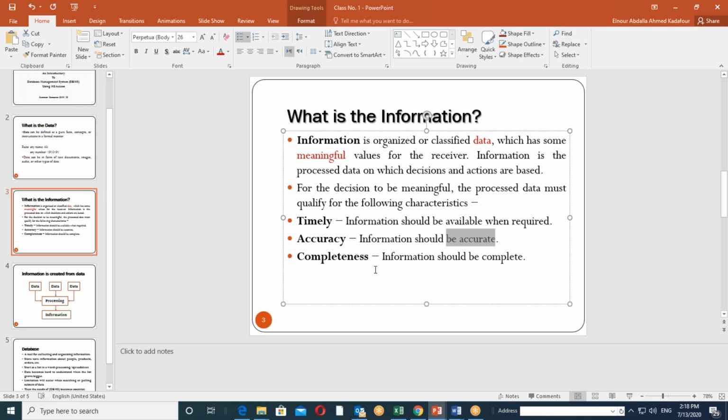So in short, information is organized and classified data, which has some meaningful value. It gives me a full picture, it has value, it has meaning, and I can understand something from that. Then this is information. Information is processed data.